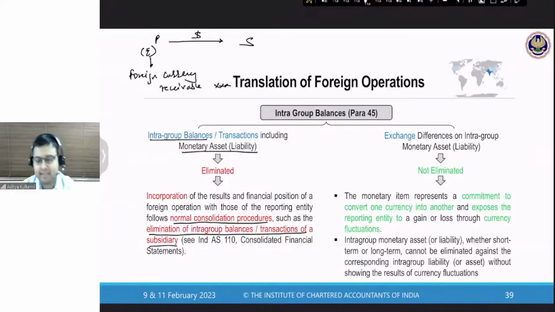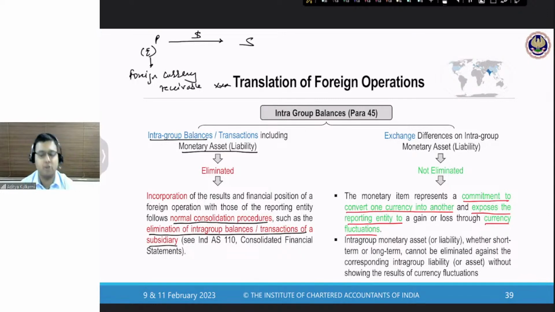So coming to exchange differences on intra-group monetary asset or liability, the monetary item represents a commitment to convert one currency to another. And what does it do? It exposes the reporting entity to currency fluctuations. It is a representation of currency fluctuations, for the group as a whole, not only the parent.